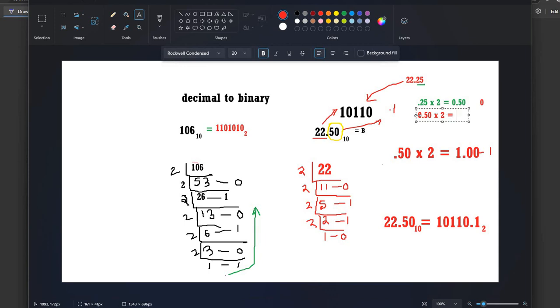How much will you get? 1.00, right? So here your answer will be 1.